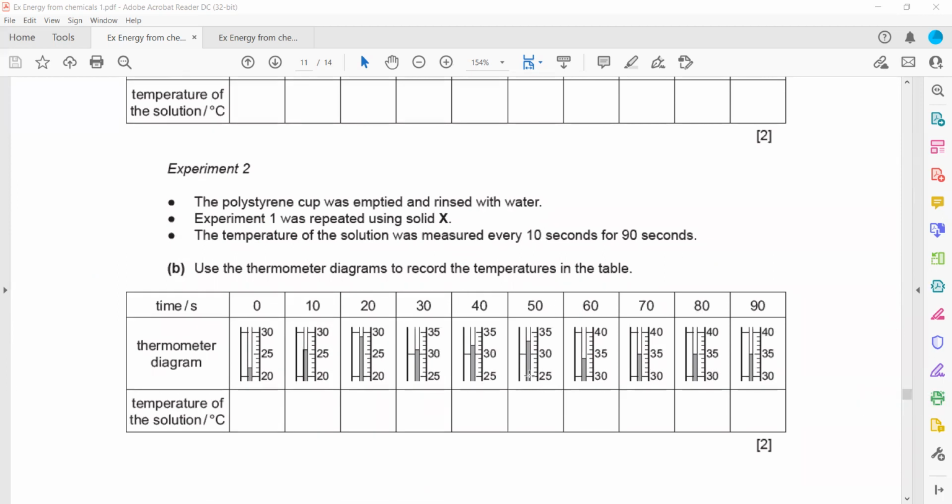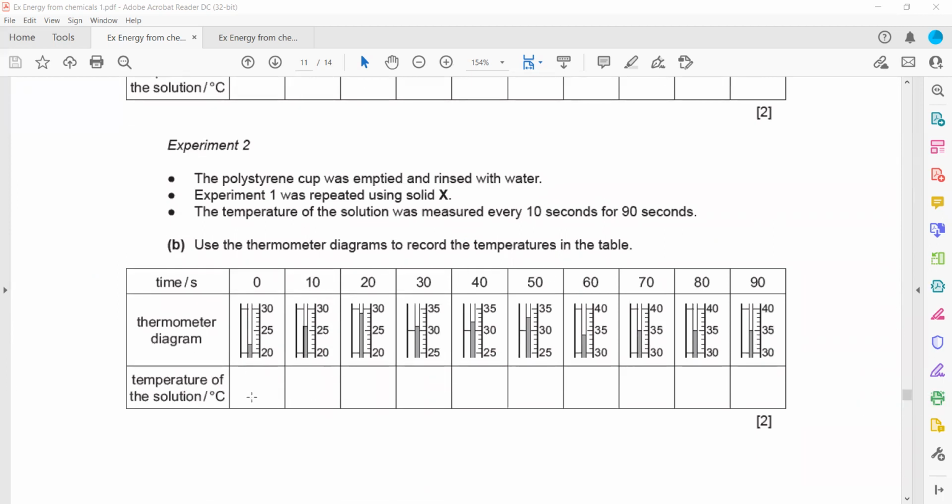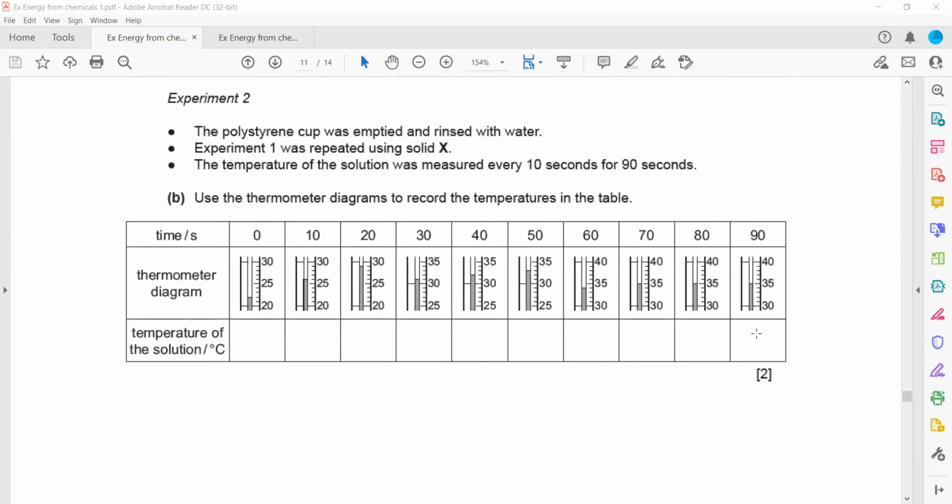What about this result? You can use screen annotation to complete the table with the temperature values.